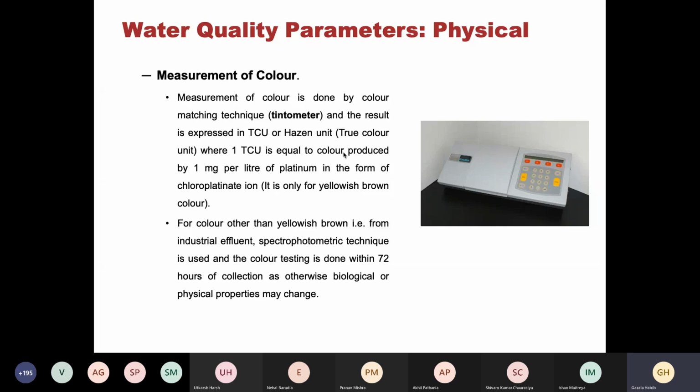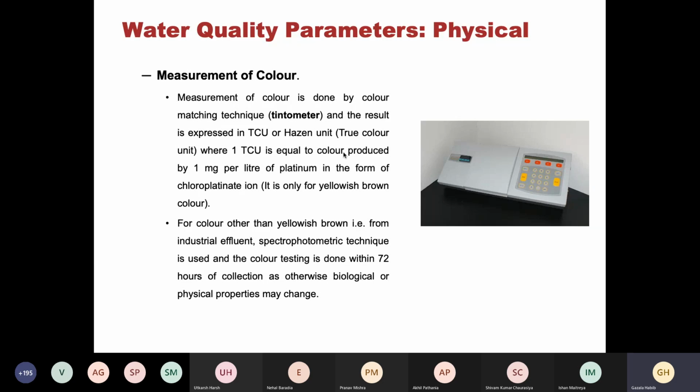One tintometer unit, TCU or true color unit, is equal to the color produced by 1 mg per liter of platinum in the form of chloroplatinate ion. This is how the scale is graduated. It is only for yellowish brown color.